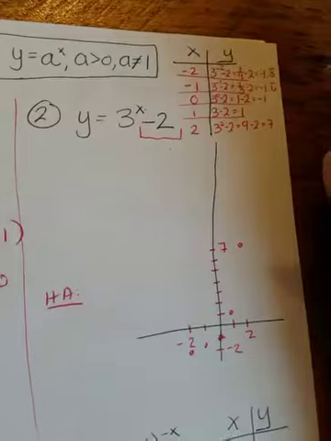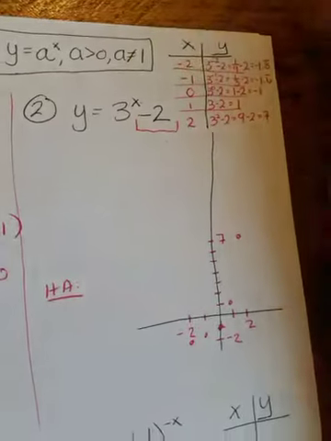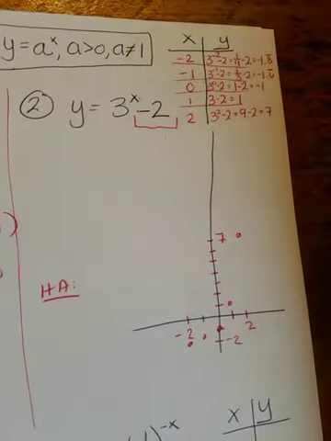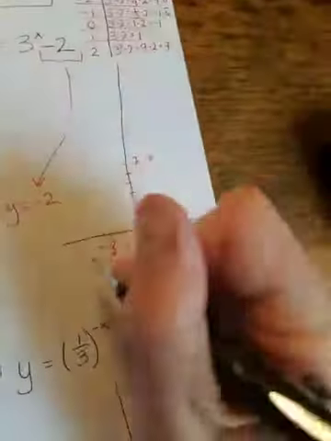And before I actually graph this one, I'm going to jump down and explain the horizontal asymptote this time. The trick here is anytime you have a number added or subtracted off the base there, that's your horizontal asymptote. So in this case, my horizontal asymptote is y equals negative 2.